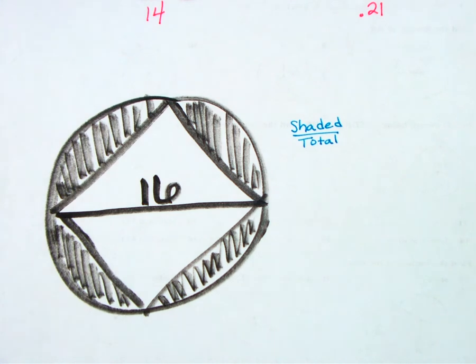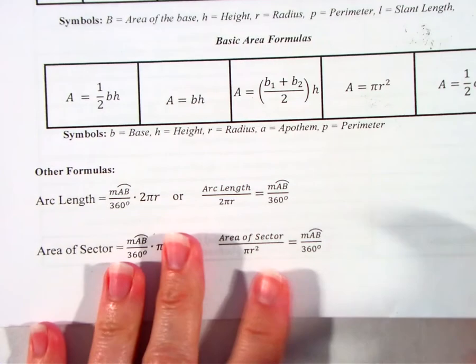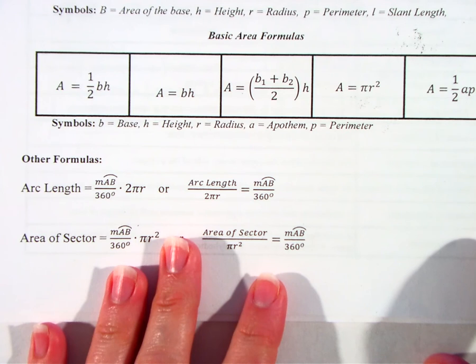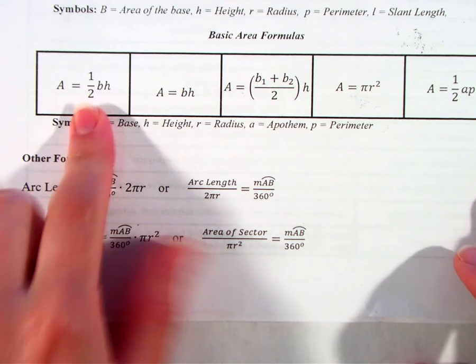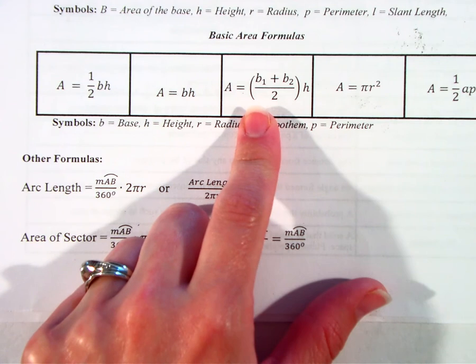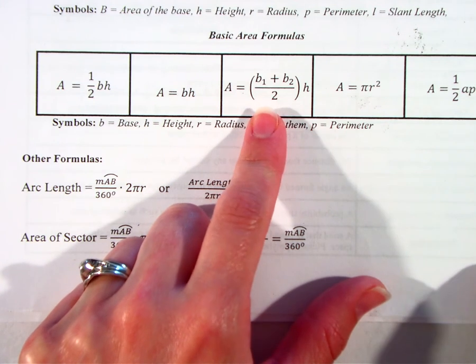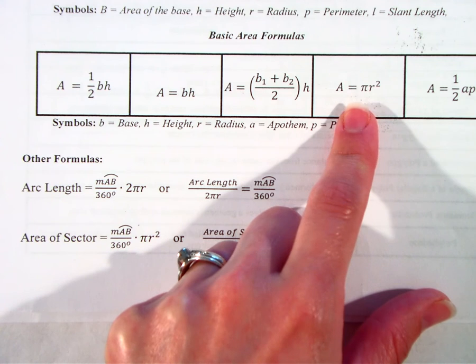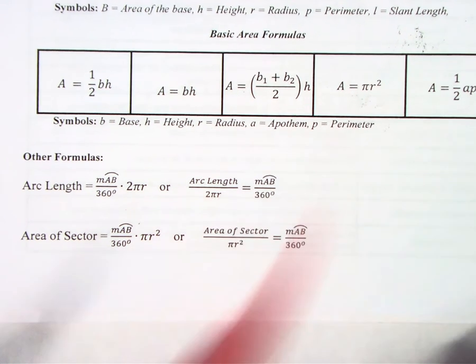Okay, now because you guys have a packet, right? That packet does have all of the formulas across the bottom. Okay, it's got a triangle, rectangle. This one we, again, cut out because of time's sake, but this is a trapezoid, circle, and your regular polygon.